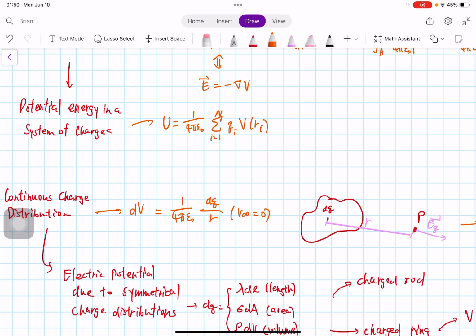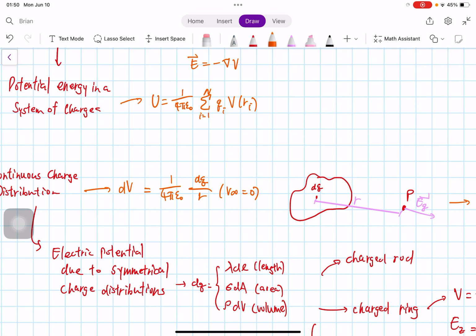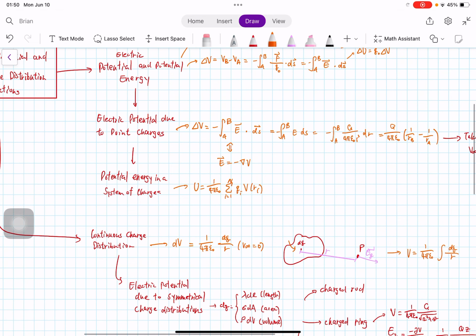How we do the integration is that we take one small piece of the surface, call it dq, and try to find the potential due to this piece. So dV, the little potential, would be equal to this expression, which is basically what we've discussed before.